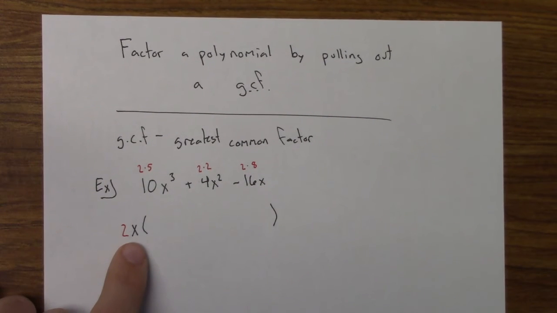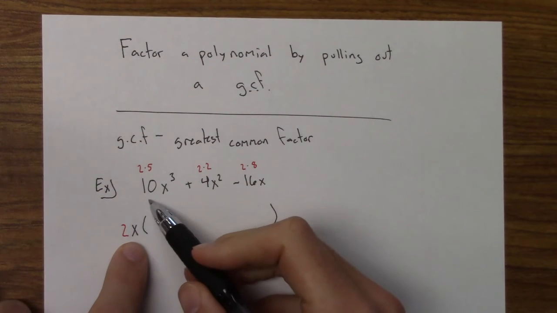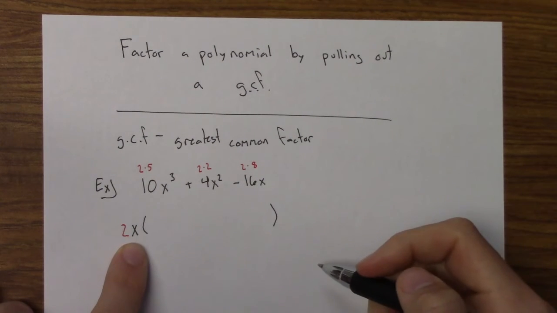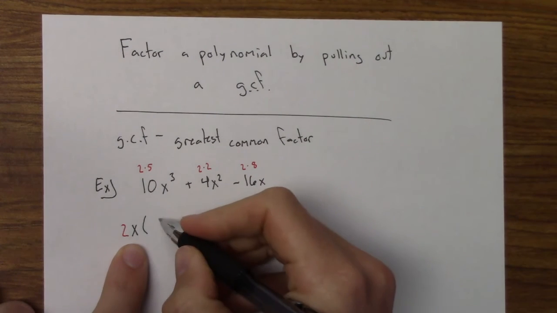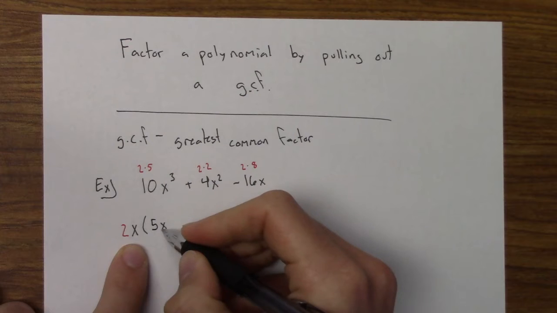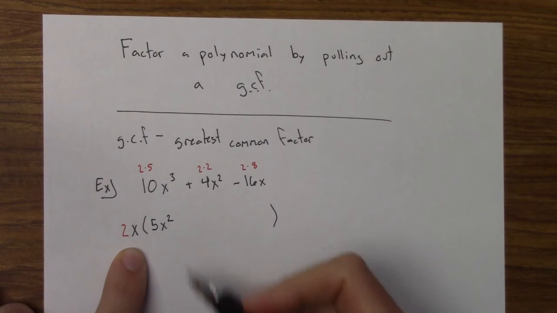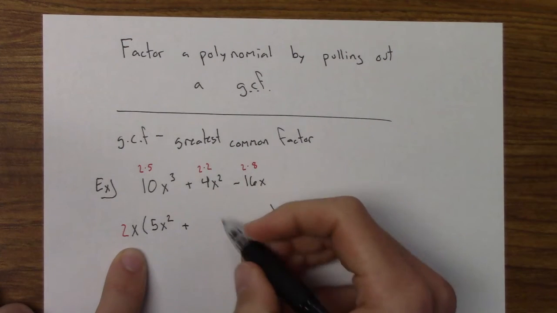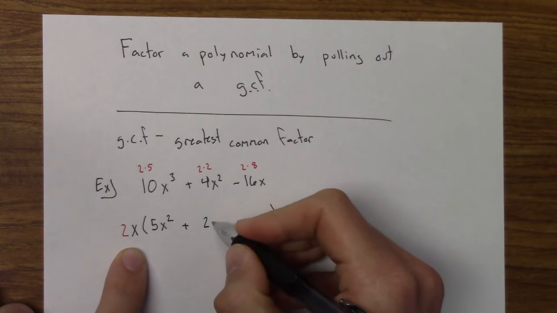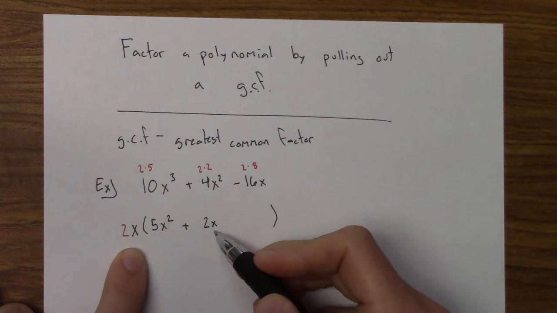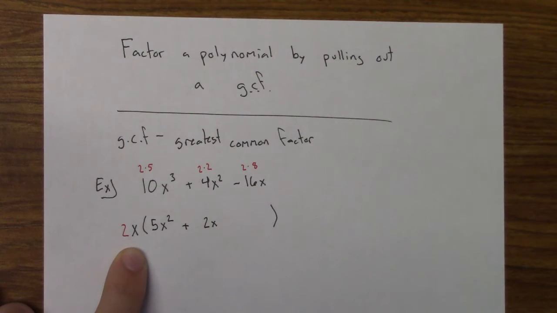And what I want to imagine right now is if I pull that 2x out, I want to think about what's left in each of these spots. If I pull this 2x out, I still need a 5x squared. 2x times the 5x squared will give me 10x cubed. For this middle term, I still need a 2x. 2x times 2x gives me a 4x squared.